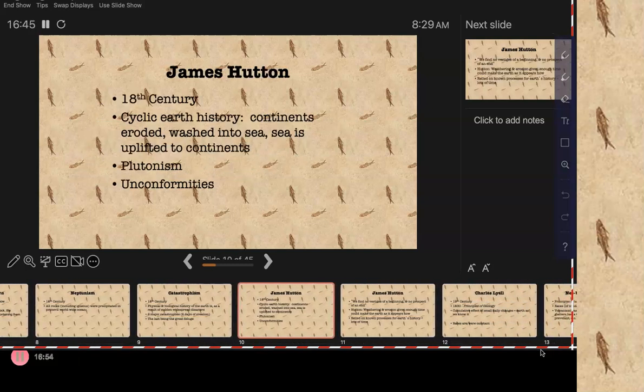All right, another dude. So Hutton introduced the idea of a cyclic Earth's history. Continents eroded, washed into the sea. That seafloor then is uplifted to form more continents again. That's pretty wild.